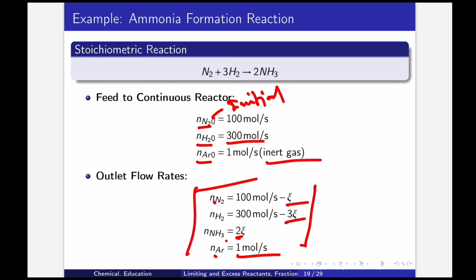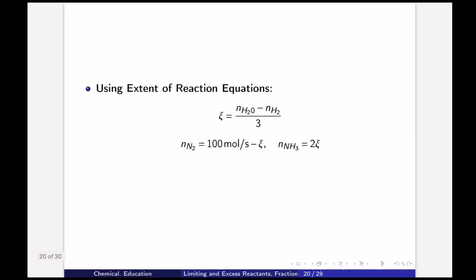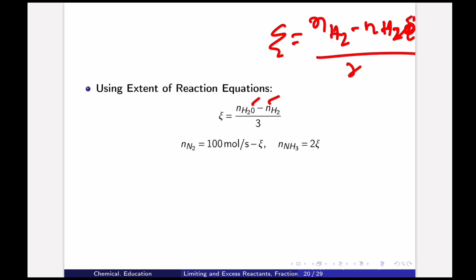So how do I get this? We know zeta is the initial N of hydrogen minus N of H2 later, by 3, where 3 is the stoichiometric coefficient.